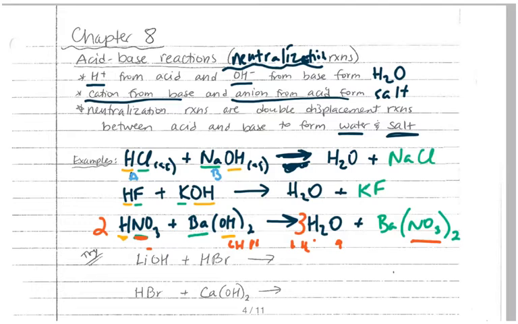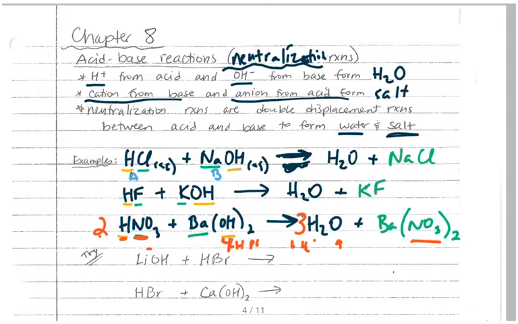Did I count wrong? I counted wrong. Shoot. Okay. 2 H's plus 2 H's is 4 H's. I have 4 hydrogens on this side.